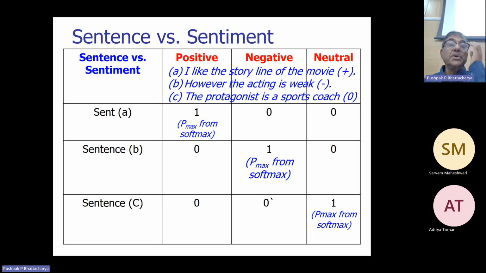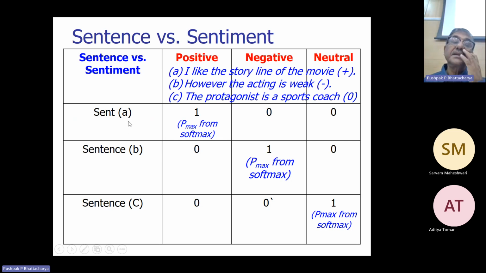So how is the training data prepared? You see, this sentence, I like the storyline of the movie. So I have sentence A, B, and C. This is how the training data looks. In the lab, you will be given training data for training a backpropagation system, and the data will be given in this form.